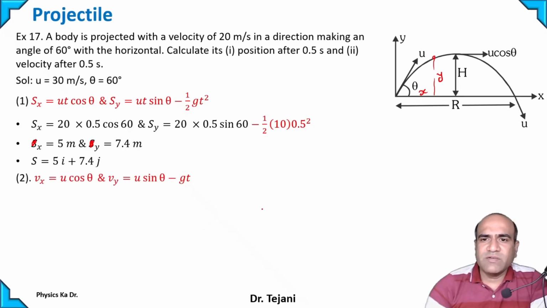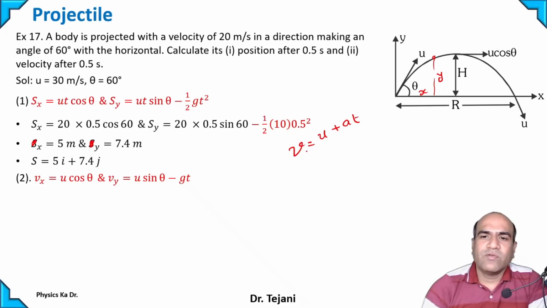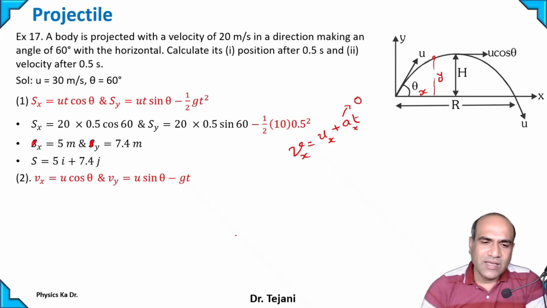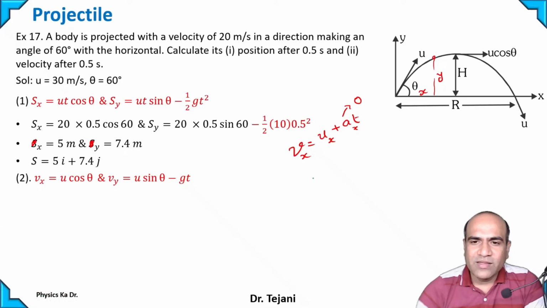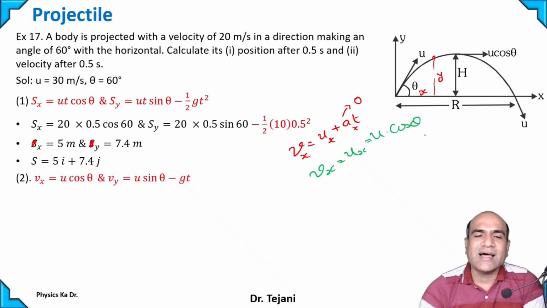Then we need a velocity. We need a velocity equation. V is equal to u plus at. For the x, you can write Vx, Ux. X direction is not having any acceleration. Therefore, Vx is equal to Ux is equal to u cos theta.